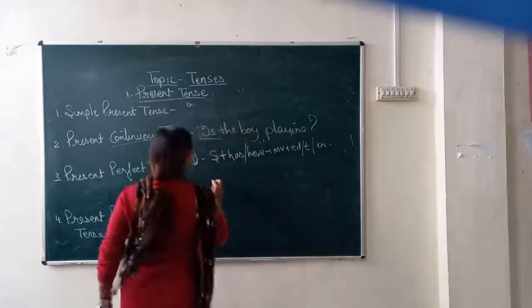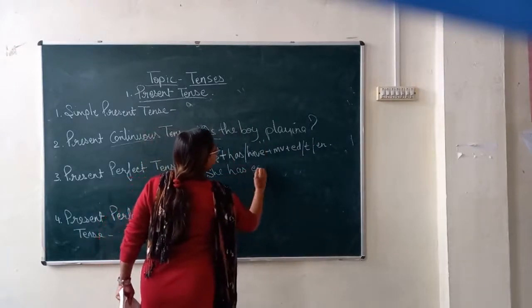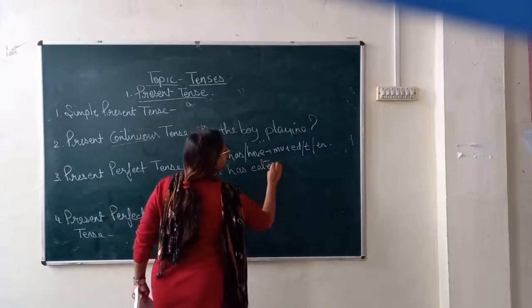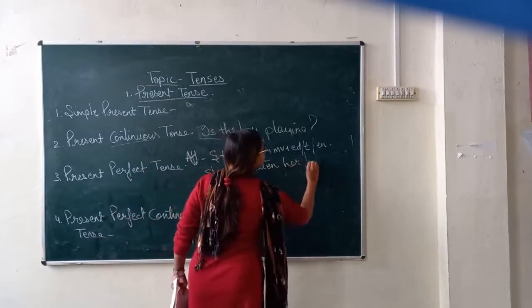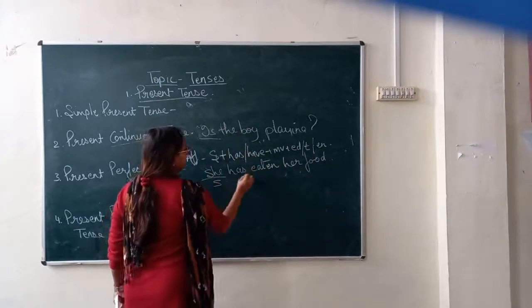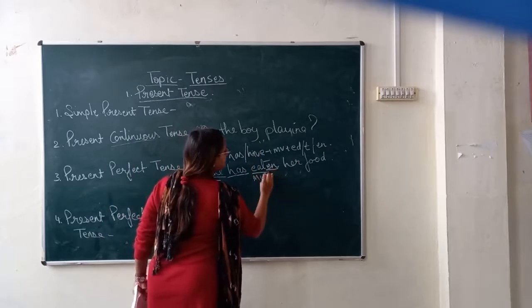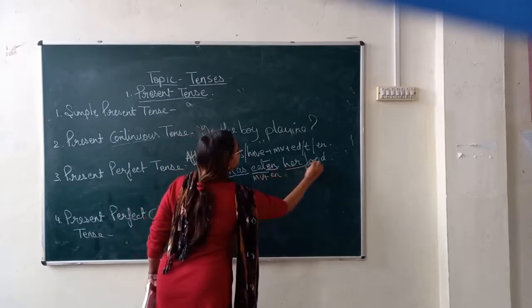For example, she has eaten her food. Now with the formula, this is the subject, has is used with the main verb plus en, and her food is the object.